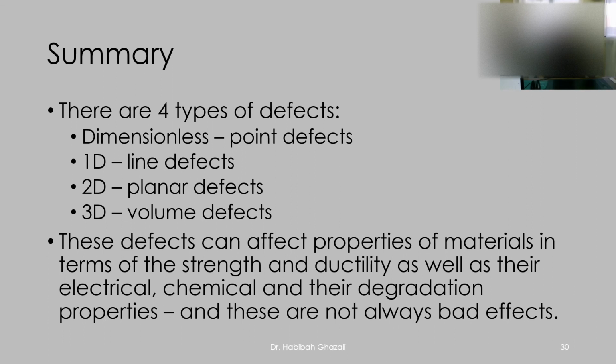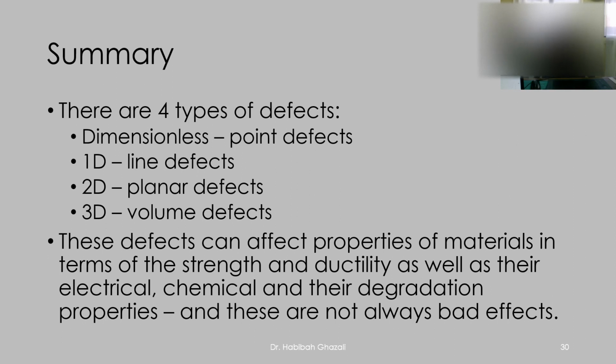Another type is planar defects. These are 2-dimensional defects, in which the area has atoms with unfulfilled valency. And volume defects are 3-dimensional defects, which we have learned in our previous lesson.